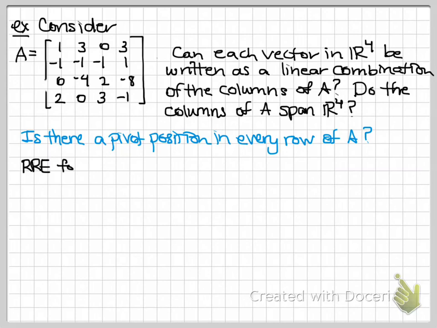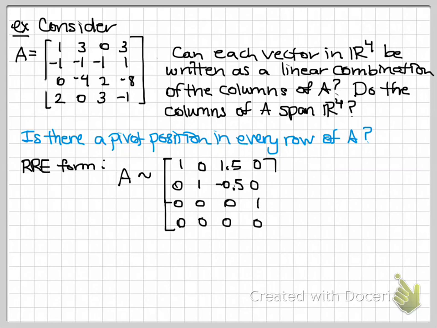Alright, so what do I need to do? I need to put A into reduced row echelon form. And I'm not going to do the calculation for you, but here it is. And so, is there a pivot position in every row? Well, there's a pivot here, and there's a pivot here, and there's a pivot here. But row 4 does not have a pivot position.